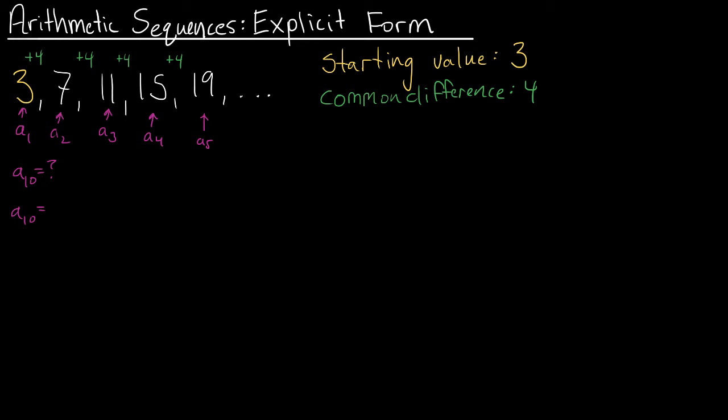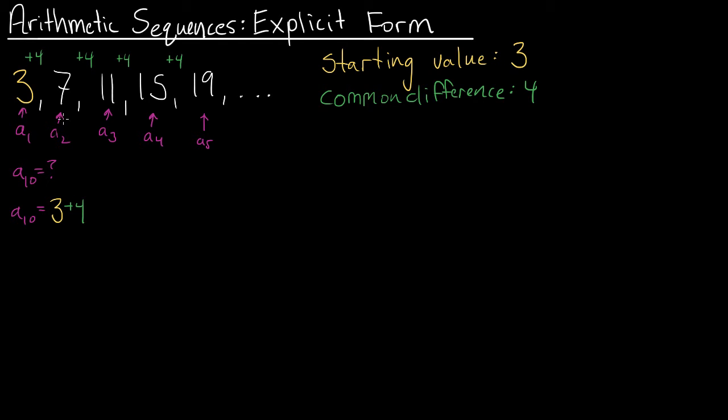Now, as with all of these sequences, for each step here, we start with 3. And then at each step, we add 4. And so if we knew how many times we needed to add 4, then we could come up with a formula for this sequence. So I have 3, and then plus 4.